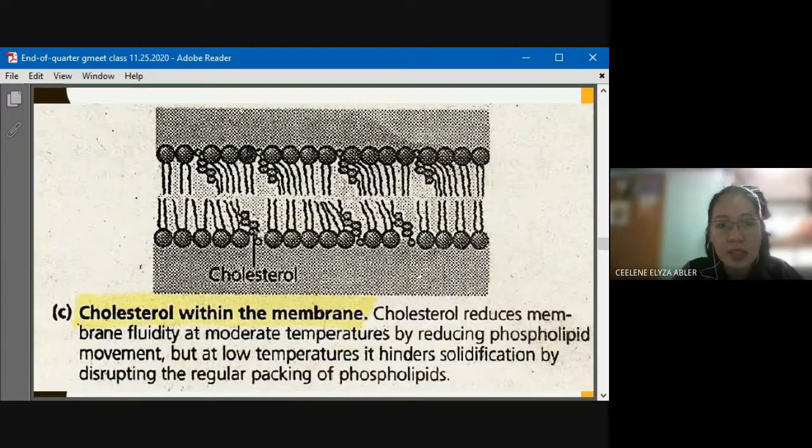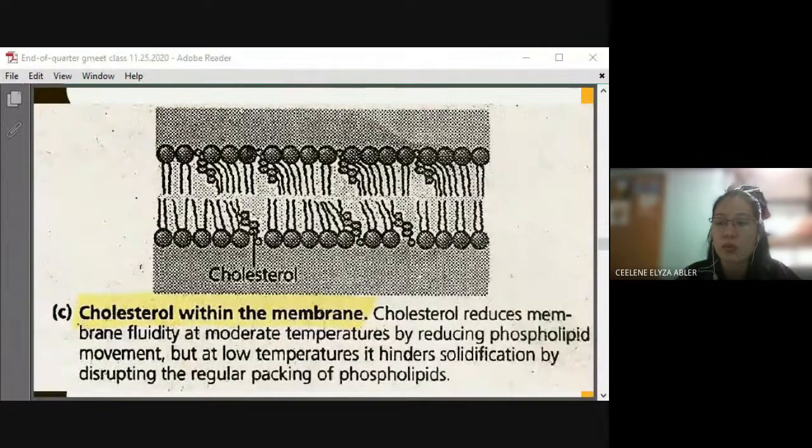Kasi ginagamit siya for reducing membrane fluidity. Parang hindi kasi totally dapat very fluid si cell. So, hindi siya totally 100% dapat very fluid. Dapat hindi siya masyadong fluid din. So, ito yung ginagamit ni cell para to restrict the fluidity.